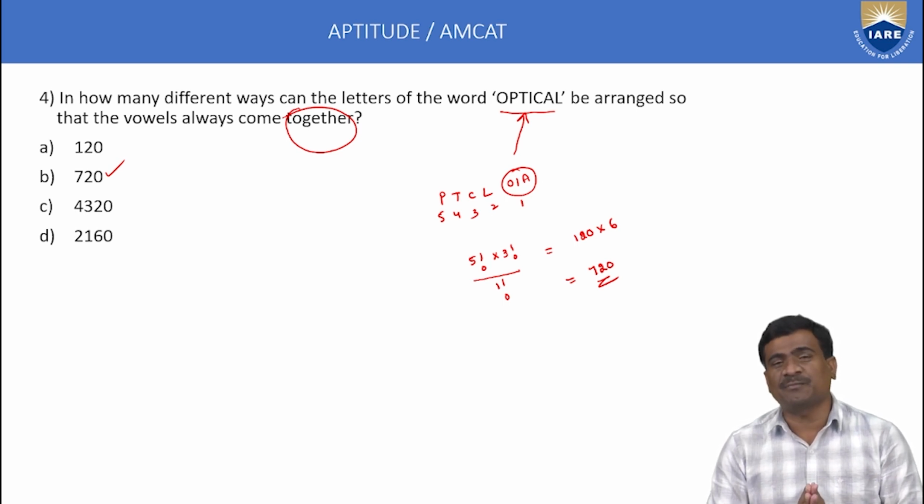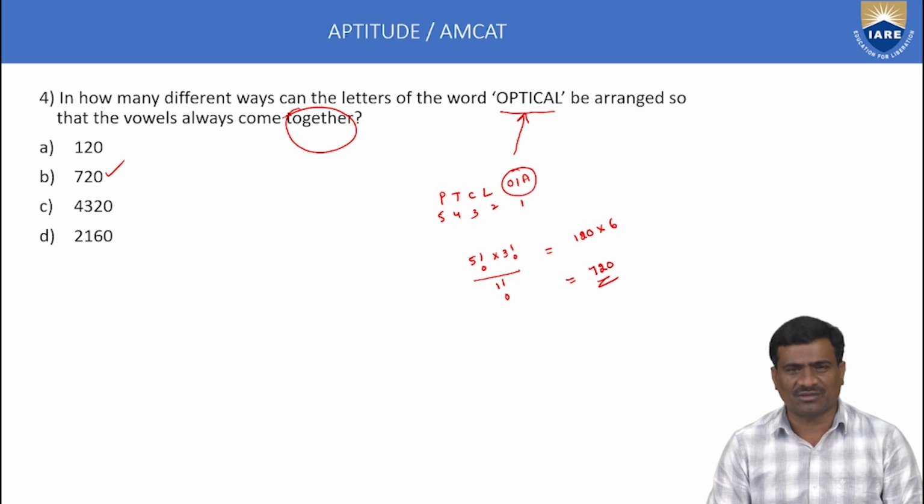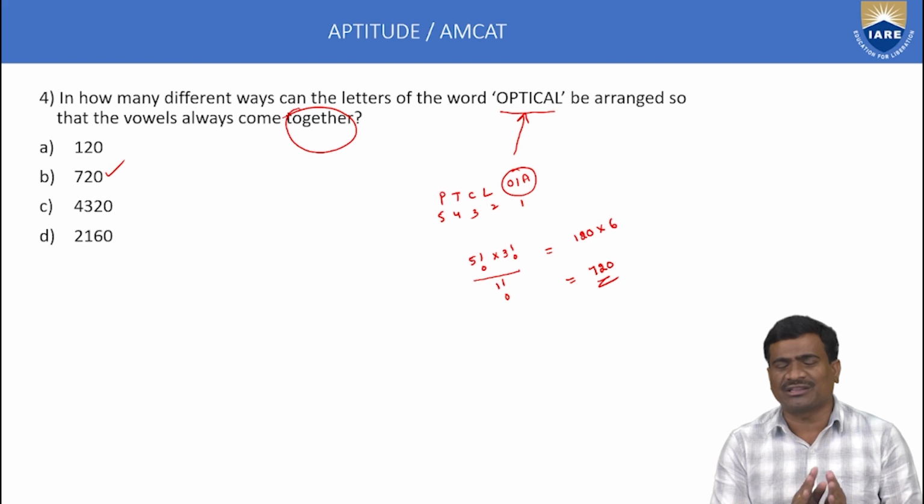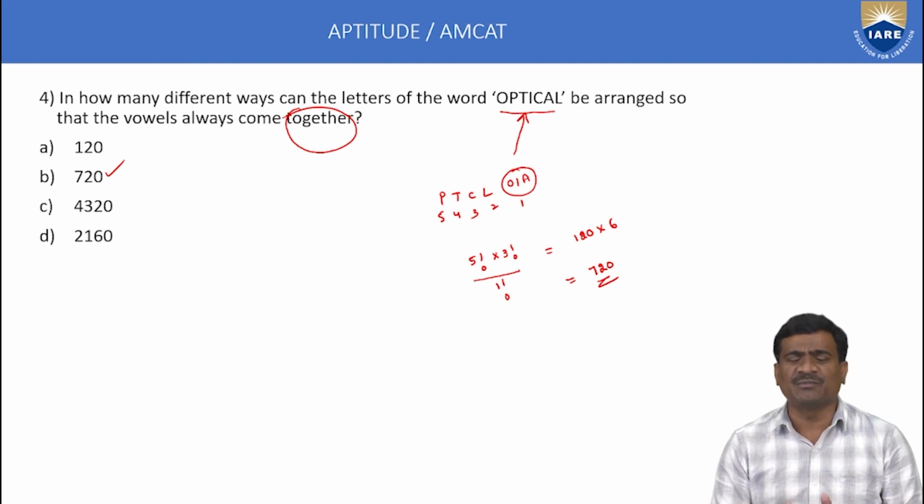These methods in the permutation concept, come together and do not come together, are very important models. Suppose the answer to this question is 720, that is exactly right. Similarly, calculate when vowels do not come together or are never together.